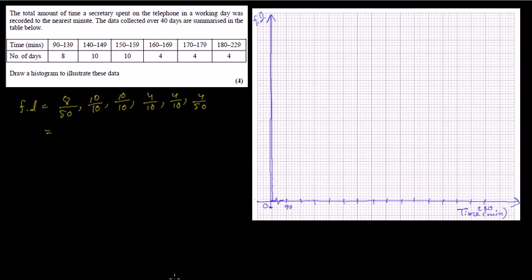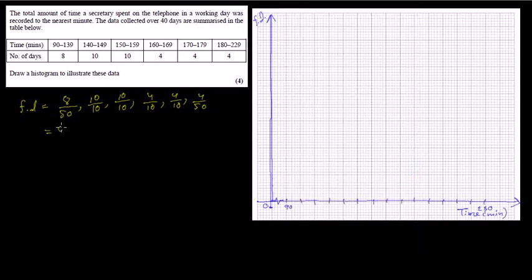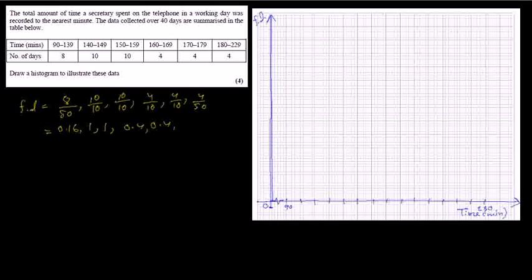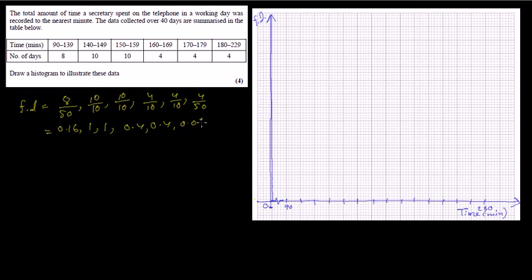So let's calculate this. 8 by 50 is going to be 0.16. This is going to be 1, this is going to be 1, this is going to be 0.4, this is going to be 0.4, and 4 divided by 50 is going to be 0.08.